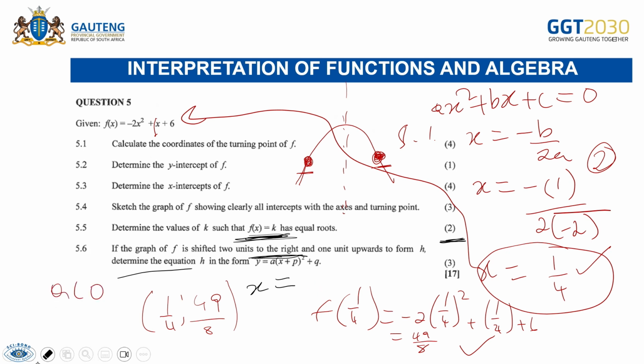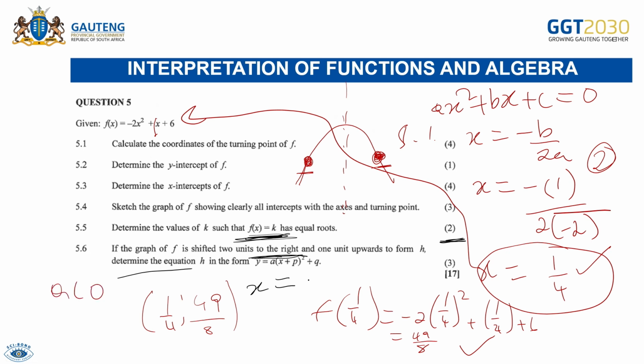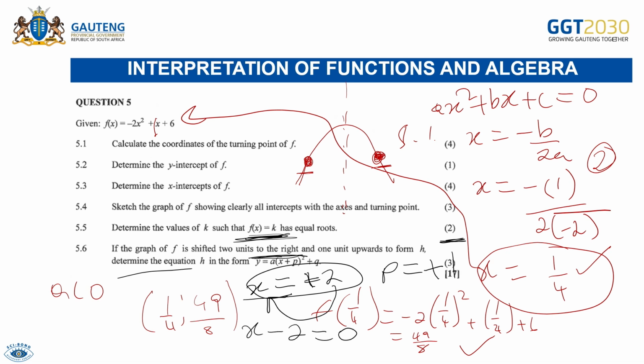So if it is shifted 2 units to the right, it means here you will have plus 2, right? So you'll have plus 2 and then 1 unit upwards. So your p is going to be plus 1. Are we together? So if I take the 2 and bring it this side, I'll get x minus 2 equals 0.